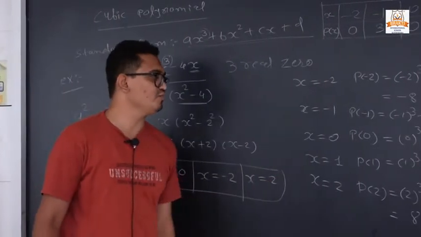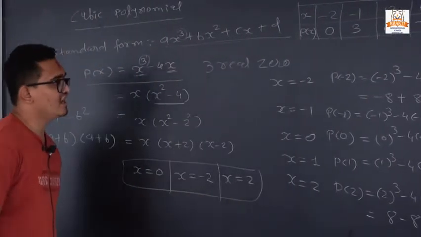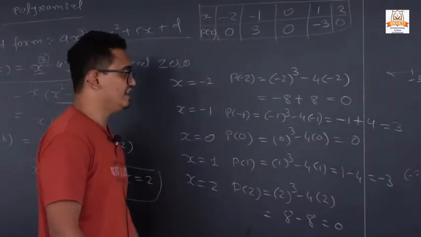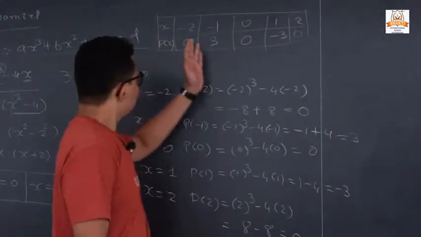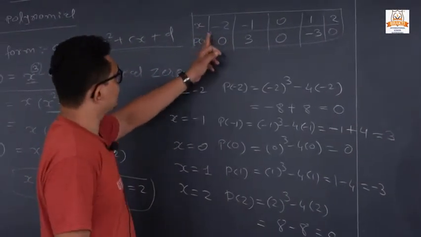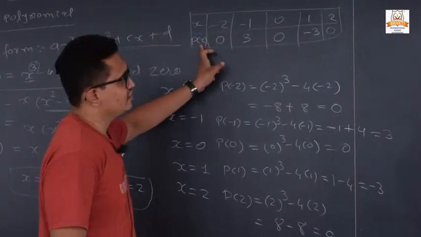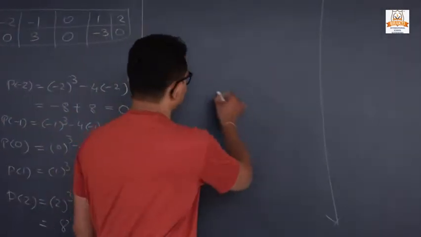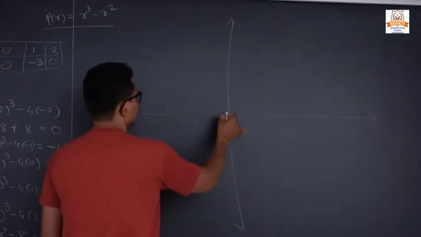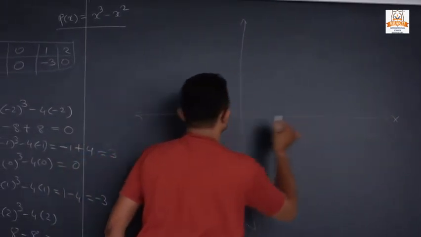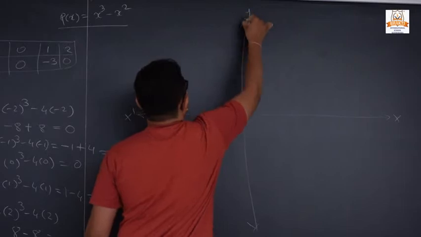Now if I want to draw the graph, how can we draw it? We have the different values of x and p of x, so for that we will draw its graph. Here we write x, x dash, y, y dash.